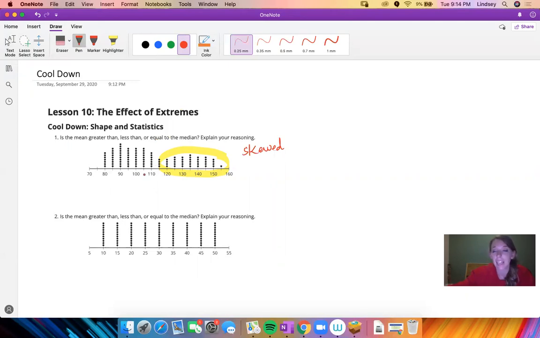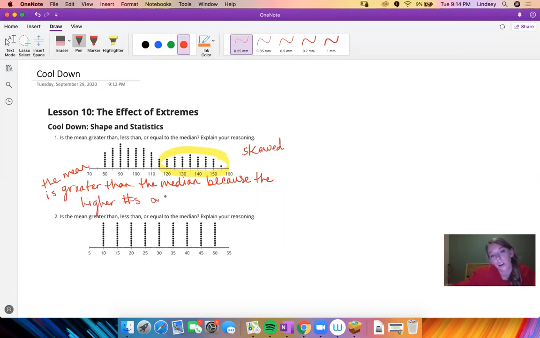So if my mean is increasing, is it greater than, less than, or equal to the median? It would be greater than. The mean is greater than the median because the higher numbers are making the mean increase.